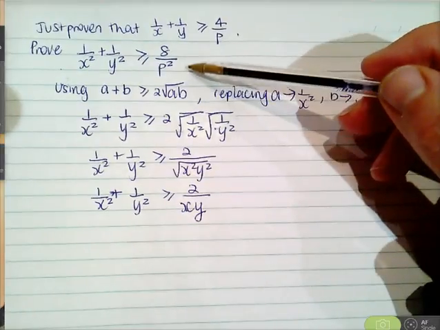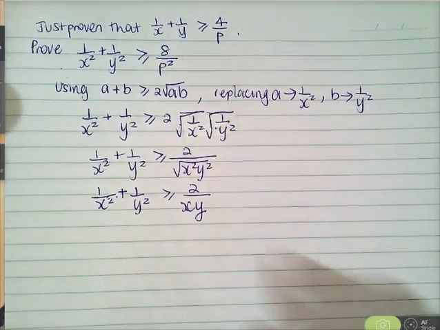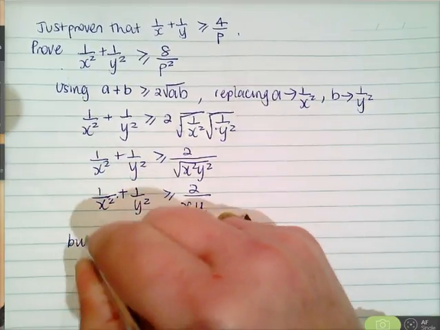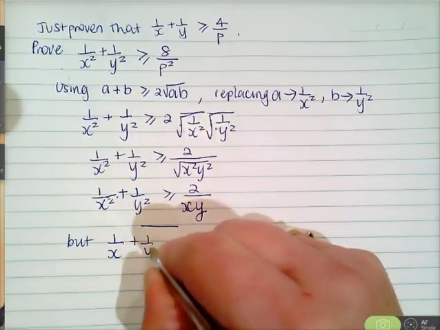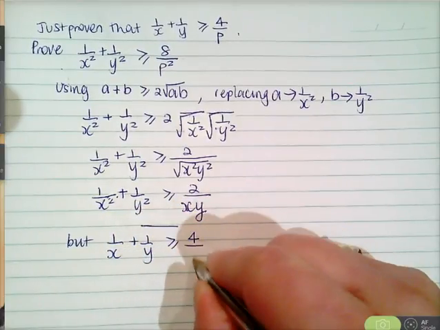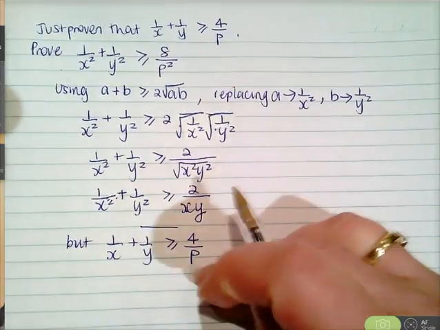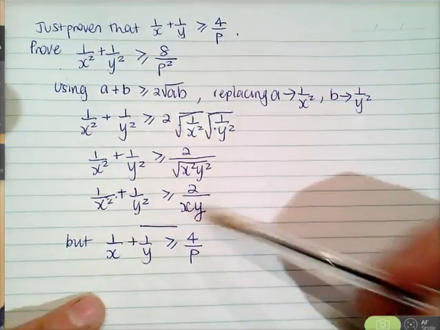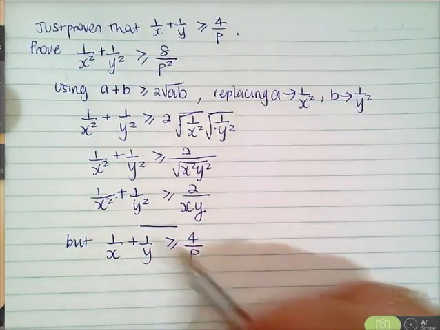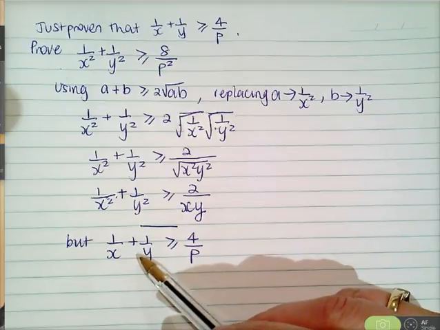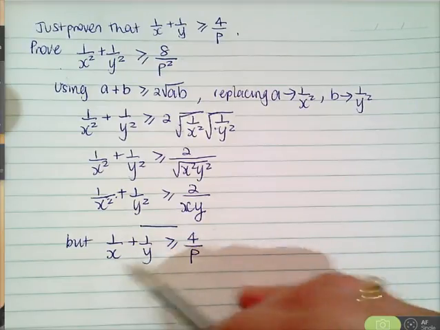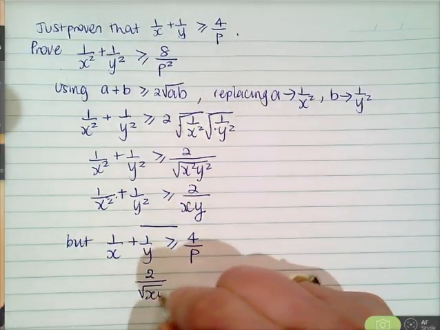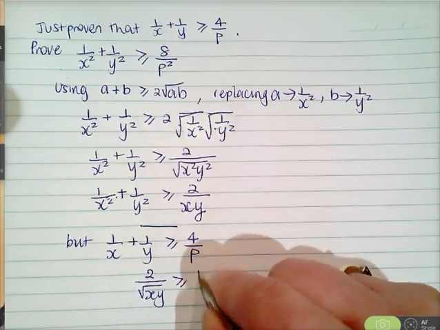Now we're trying to show this result up here. Now, if we look at our result that we've just proven, we know that 1 over x plus 1 over y is greater than or equal to 4 over p. We already know that from what we've just proven, but if we look back at that result before it, the middle link of that result, we knew that 2 over root xy was greater than or equal to 4 over p.